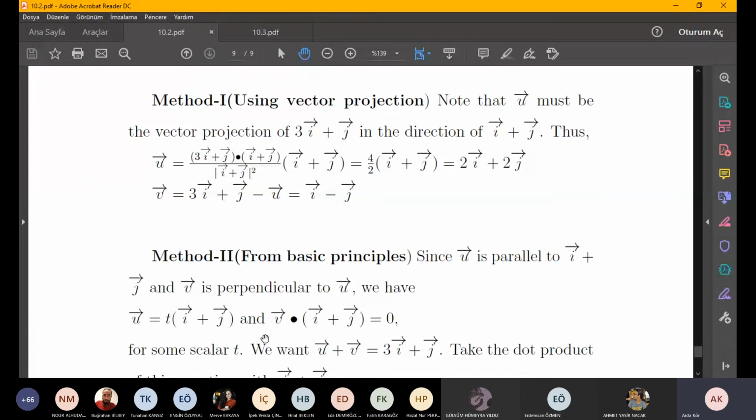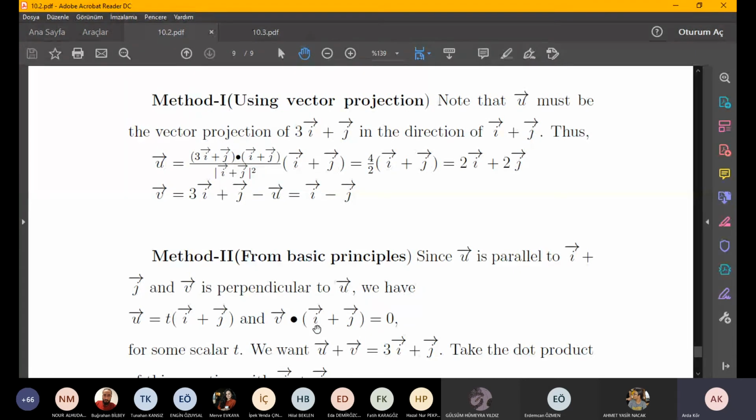But here, as you can see, they didn't use t for u, because it doesn't matter if you multiply by t or without t, those two vectors have to be perpendicular.